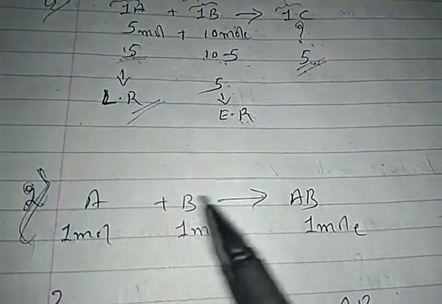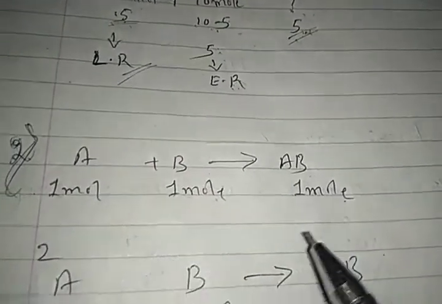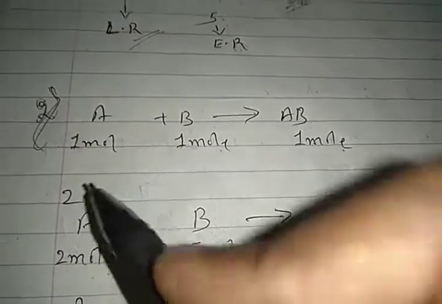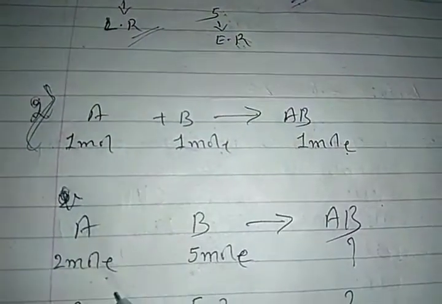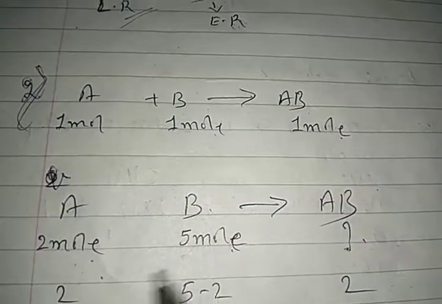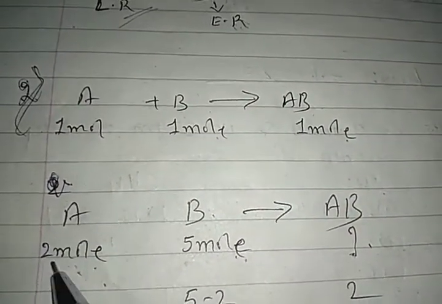Second example: A, B and AB. 1 mole of A and 1 mole of B form 1 mole of AB. Right, students? If I use 2 moles of A and 5 moles of B, then what is the product? Which one is the limiting reagent? This is the limiting reagent because it is the very small amount.